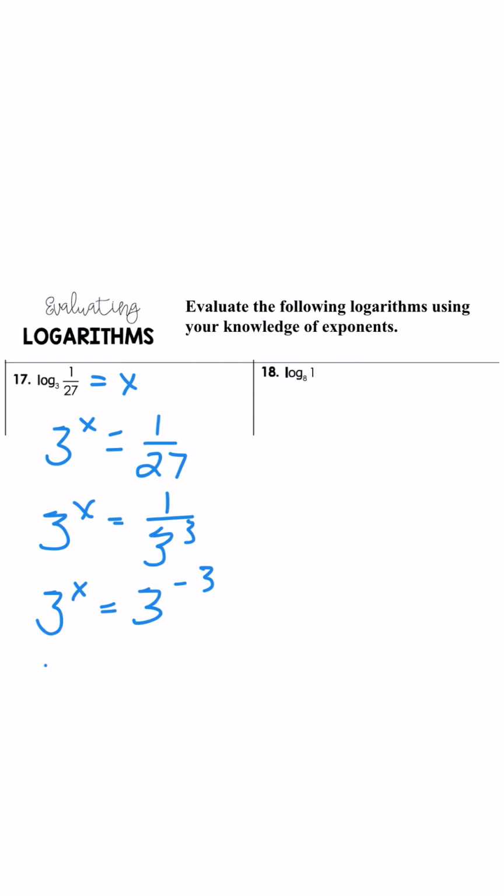So in this case, x is going to equal negative 3. On this one, 8 to the x power equals 1. Well, x is going to equal 0 by that exponential rule.